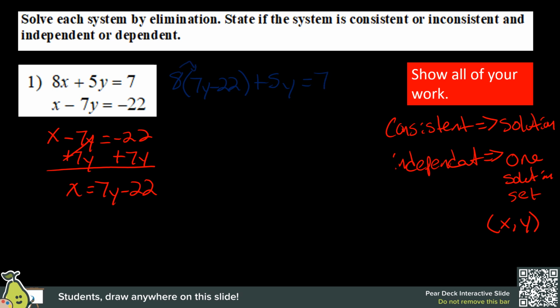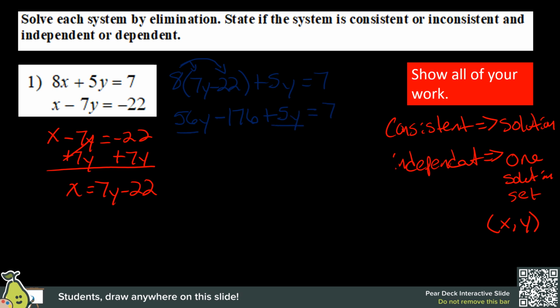Okay, I need to distribute. 8 times 7 is 56y. And then 8 times 22, let's do that, is 176. We're going to have negative 176 plus 5y equals 7.